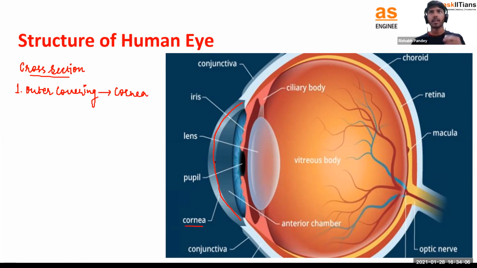Moving inside, here we have this part. You can see that few people have blue colored eyes, few people have brown colored eyes.